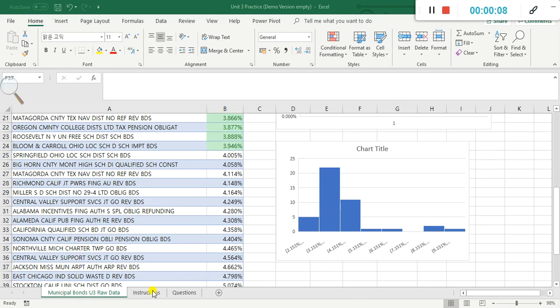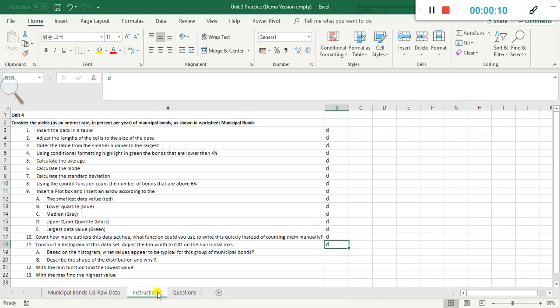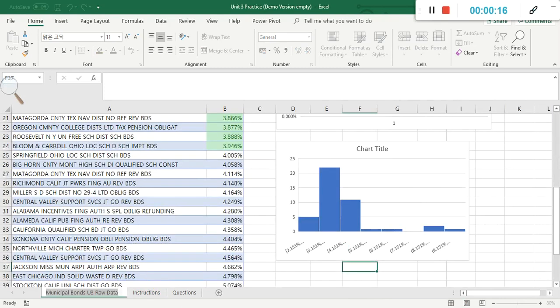So, anyways, we were discussing whether these values appear to be typical. In this case, when we look at it one more time, this is a normal set of data. However, we have some outliers.